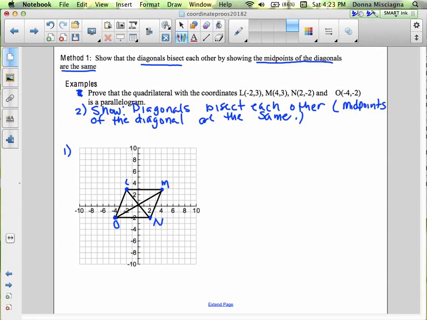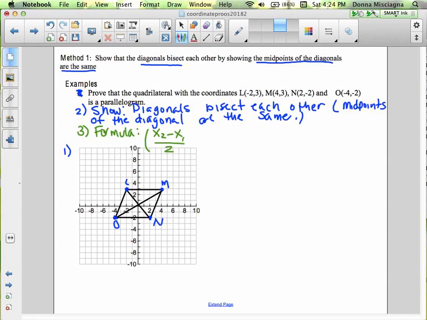All right, now our next step, maybe I'll change colors each time, is the formula. Well, if we want to show the midpoints are the same, we must be using the midpoint formula. The midpoint formula is the sum of the x coordinates divided by 2.